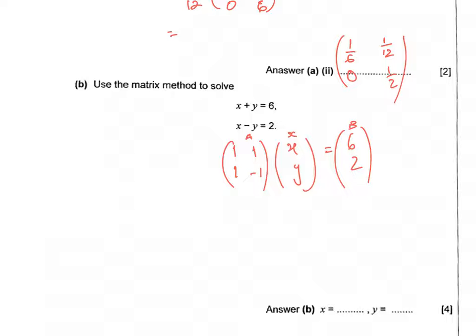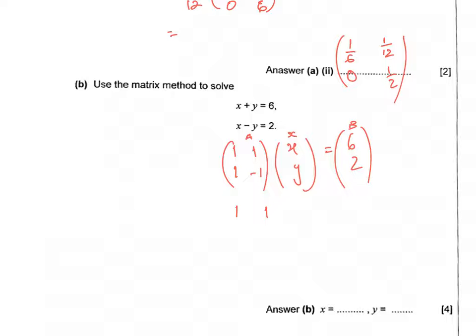Okay. Now I need to multiply this with its inverse to get an identity.